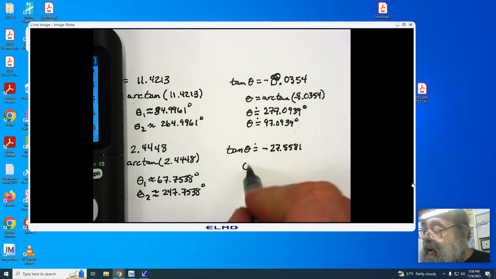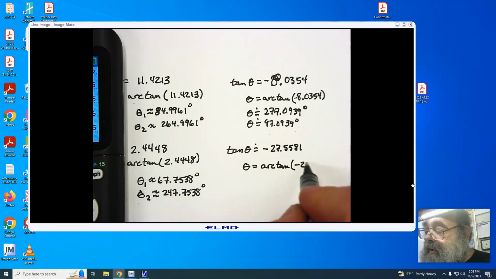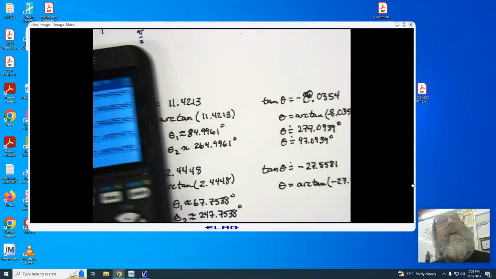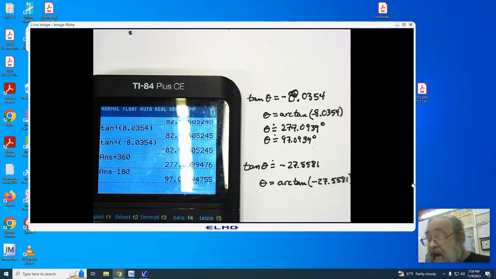So theta is equal to the arc tangent of this negative 27.5581. We're going to put it into our calculator now, exactly as we see it. So I have second tangent, that's the arc tan, negative 27.5581, close, I get my answer.